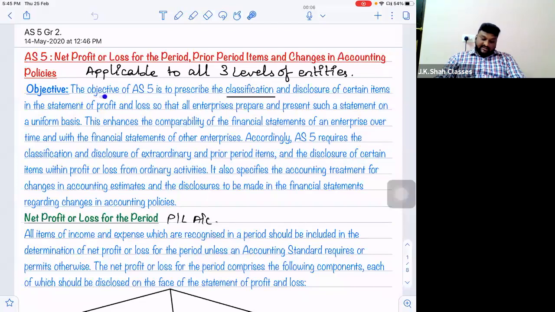The objective of AS5 is to prescribe the classification and disclosure of certain items in the statement of profit and loss so that the enterprise prepares and presents such a statement on a uniform basis. Now, when I say AS5 prescribes classification, it means AS5 is dividing our P&L account into 3 classifications.